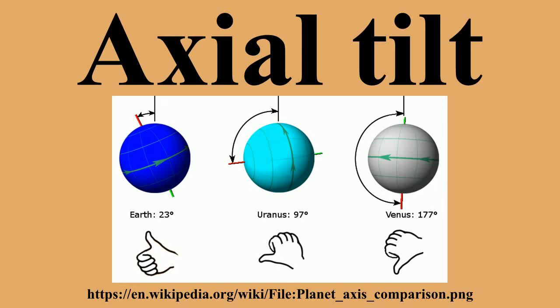This value remains approximately the same relative to a stationary orbital plane throughout the cycles of axial precession. However, because the ecliptic moves due to planetary perturbations, the obliquity of the ecliptic is not a fixed quantity. At present, it is decreasing at a rate of about 47 inches per century.